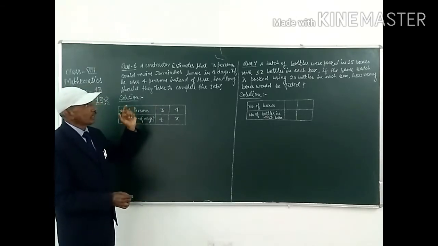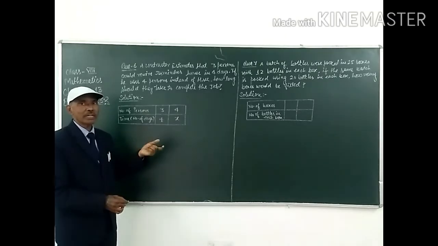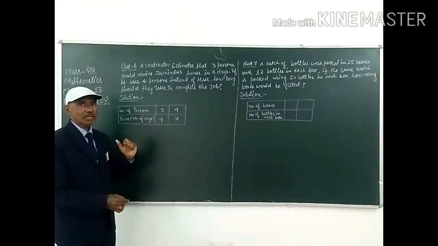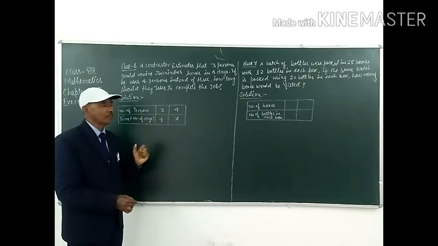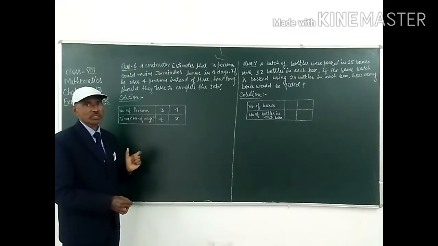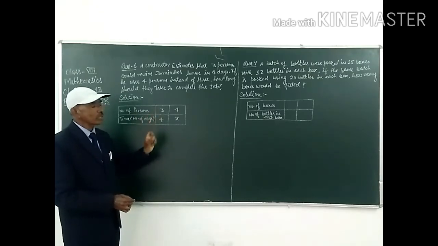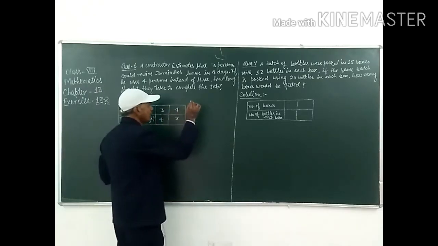If the number of workers increases, then it will take less time. If the number of workers decreases, then it will take more time. So, this question is related to inverse proportion, students. So, we have to use the formula for inverse proportion. What is the formula?